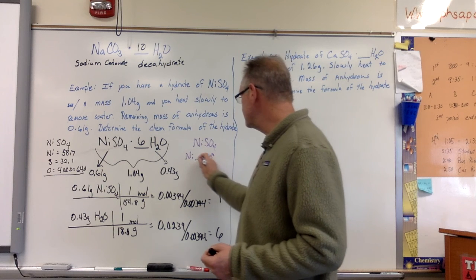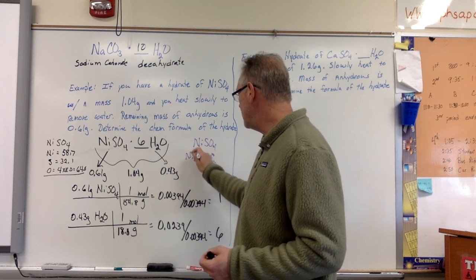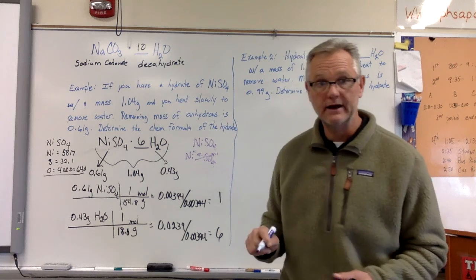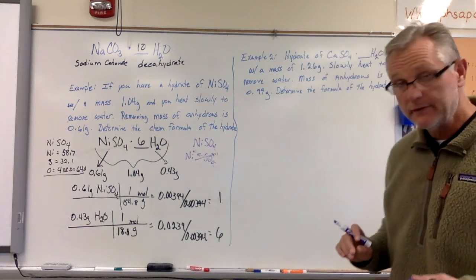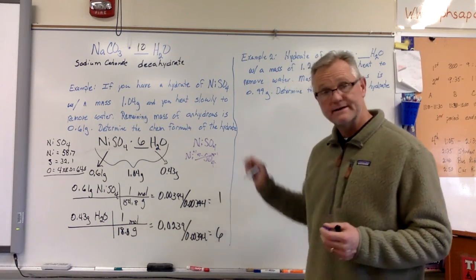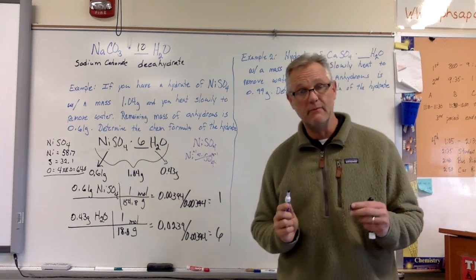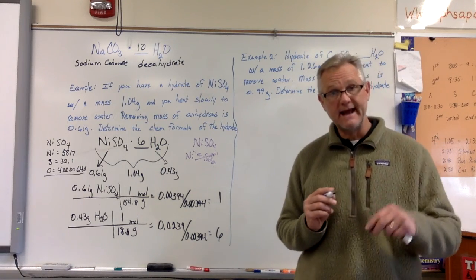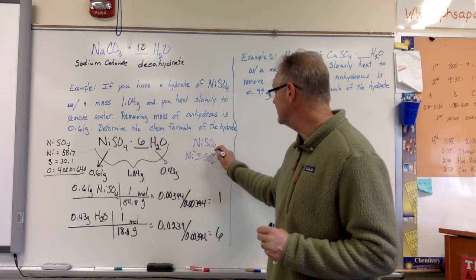Right, all of this is a big review. So I get a positive 1 and a negative 1 right there. But whenever I look at my SO4 on my polyatomic ion table, I see that SO4 has a -2 oxidation state.